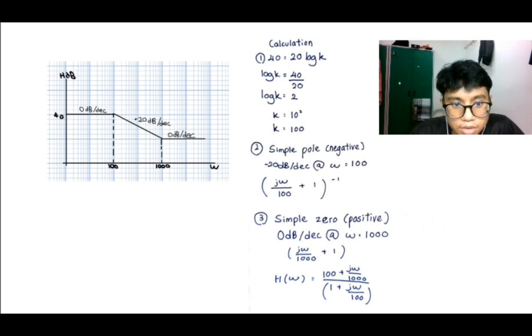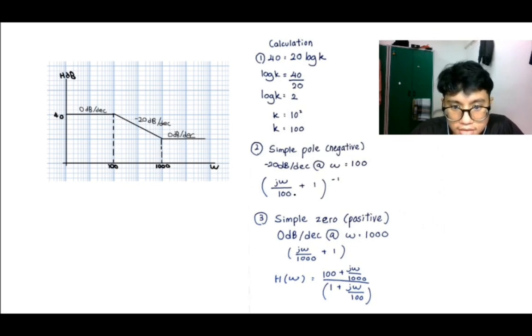In simple pole negative, we should use the decreasing part of the graph, which is 100 omega to 1000, and we can use negative 20 decibel per decade at omega 100. So the equation is j omega over 100 plus 1 to the power of negative 1.